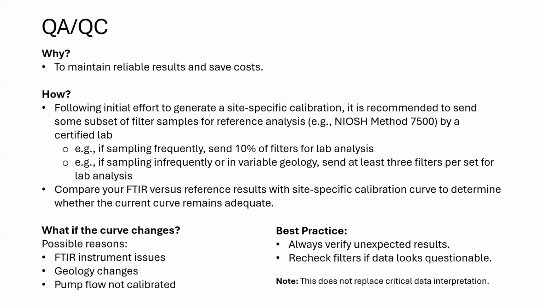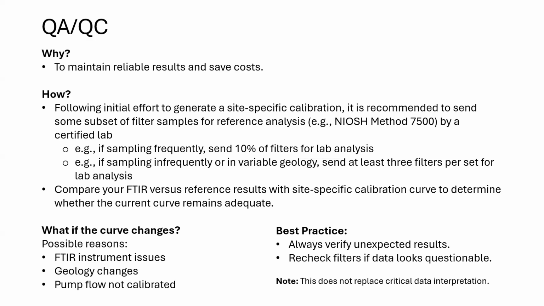If your calibration curve is changing over time, possible issues could include problems with the FTIR instrument, changes in local geology, or a pump flow rate not properly calibrated. For maintaining data integrity, our suggestion would be for every 10 filters you collect, send off an extra sample for quality control.